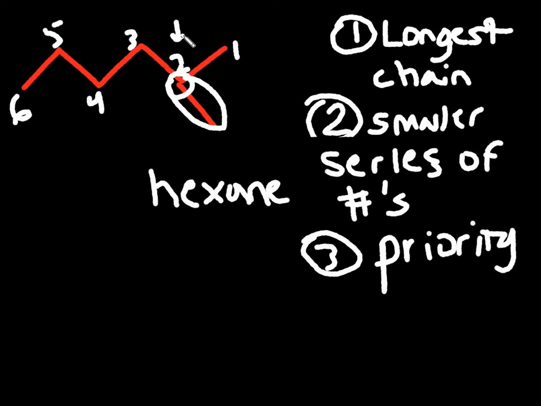So how you write that is 2 methyl. Oh, let me make a little space. 2 methyl hexane. And that is the name of this compound. Now, let's check something out here.